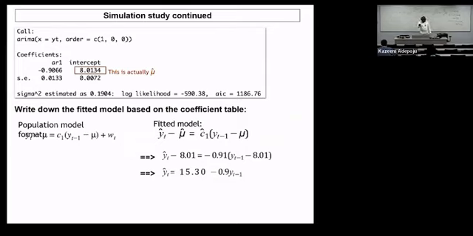But let me tell you, I know this model will do a great job, because the data set I used was simulated from AR1. When I was simulating the data, don't forget the parameters I used: I set mu to be 8, and I set C1 to be negative 0.9.